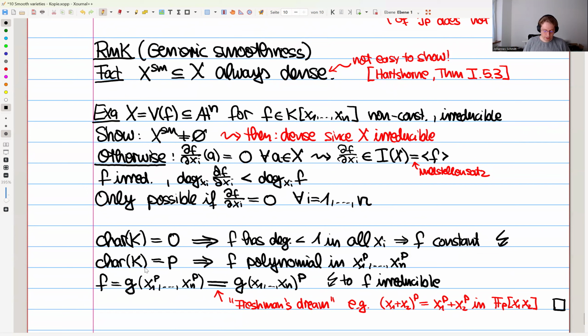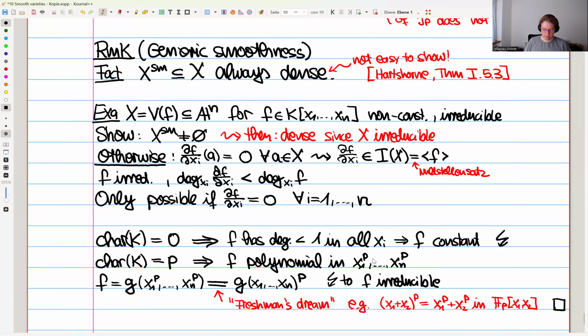Namely, I claim that in characteristic p, such a polynomial has vanishing partial derivatives in all of the variables xi if and only if it is a polynomial in the p-th powers of the variables. Because I mean, you see in characteristic p, for example, if you take the derivative of x1 to the p by x1, you get p times x1 to the p minus 1, but p, the constant, is 0 in characteristic p, so actually you get 0.